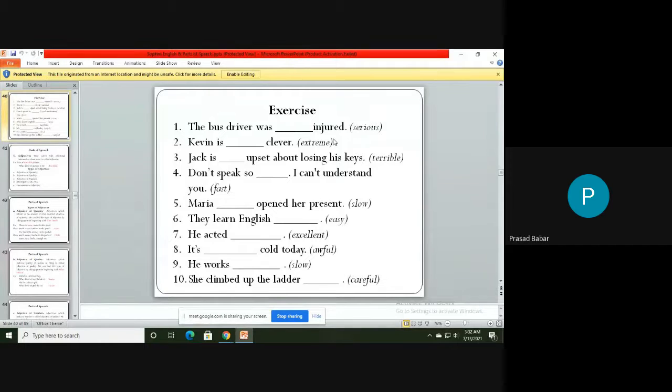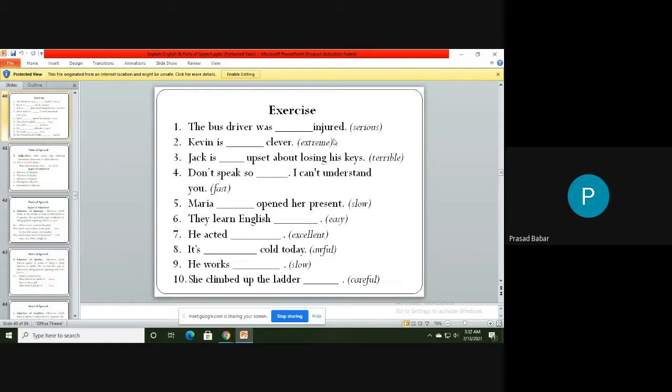Fourth is, don't speak so fast, I can't understand you. Here we can't use fastly, okay, because fast itself is the adverb.